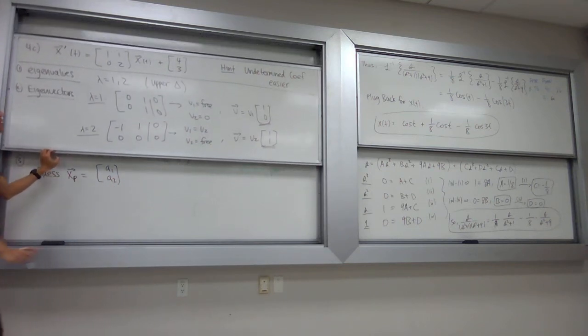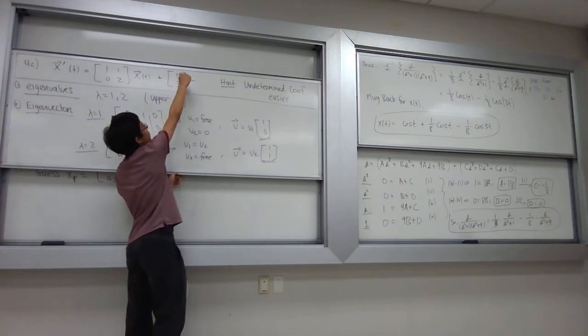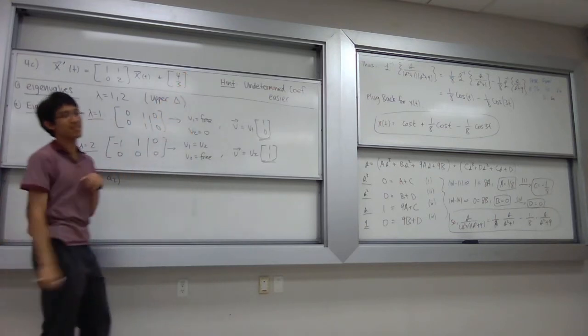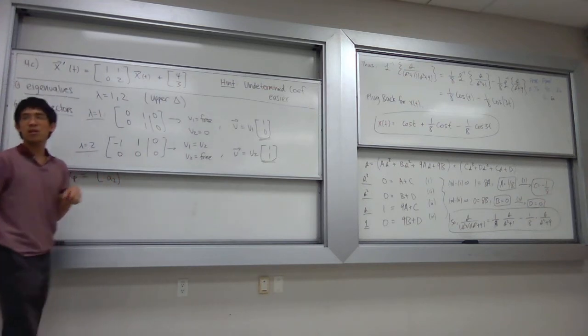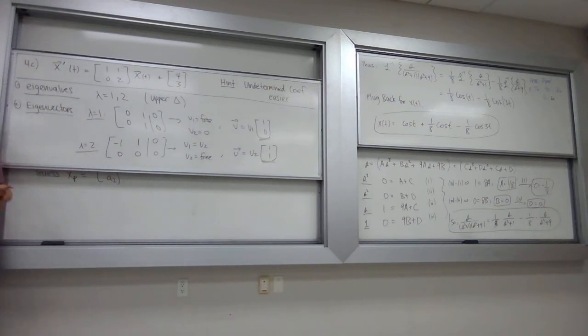Quick question. What if this said like 4t and 3? Then what would you guess? So maybe one person at a time. So raise your hand, because I can't tell what's being said. Yeah. Would you split it up into 2?